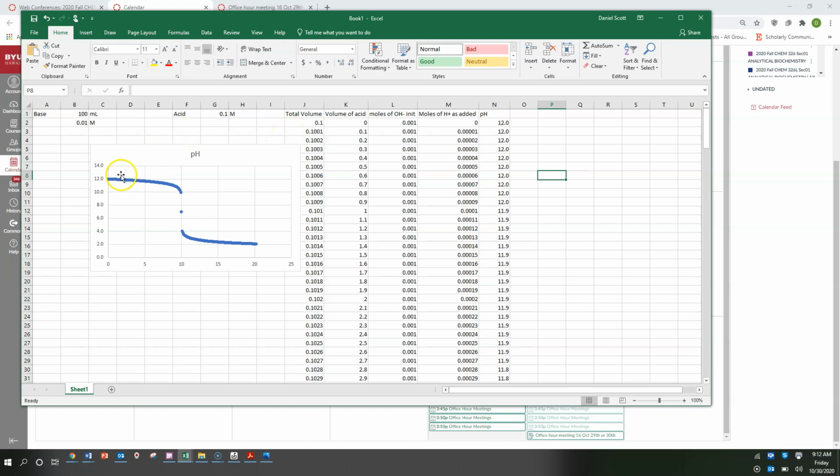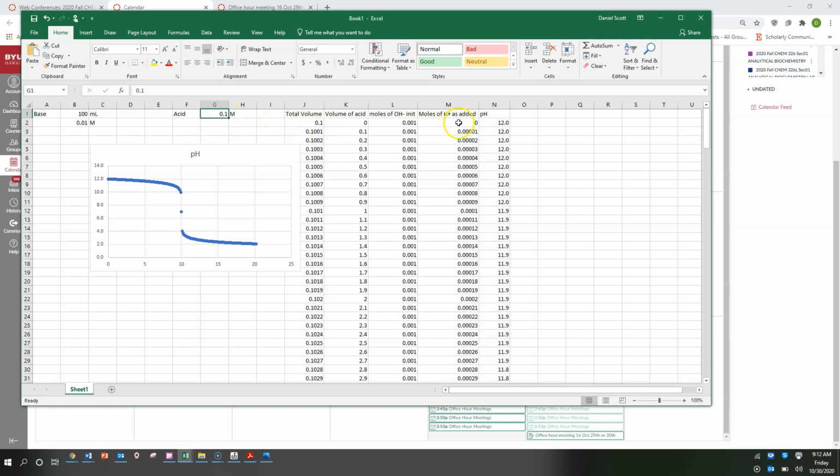But essentially, hopefully in the end, what we have is a system where we can put in the amount of base in terms of milliliters that we start with and concentration, and the concentration of our titrant, acid that we're going to be titrating in.